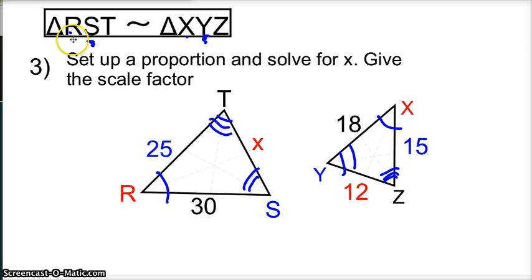Likewise, it's stating that the side length from R to S is proportional to the side length from Y to Z. R to S is 30, Y to Z is 12, and you can go through the triangles and set up all of these proportions. Oops, that's not 12. Let's try this one more time.